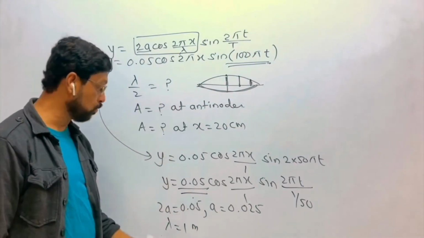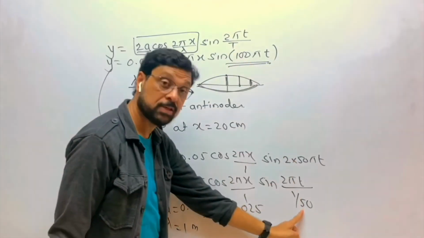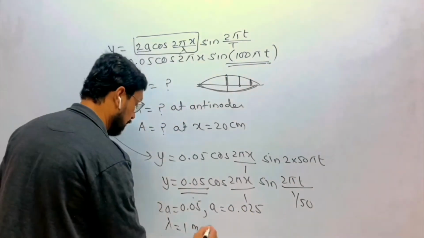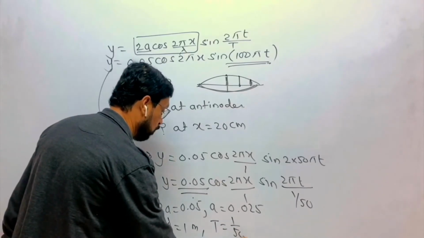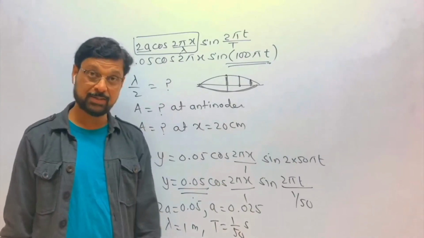So lambda is equal to 1 meter, or capital T is equal to 1 by 50. Periodic time is equal to 1 by 50 second, or you can say frequency is equal to 50 hertz.